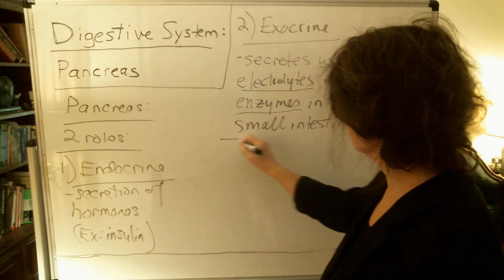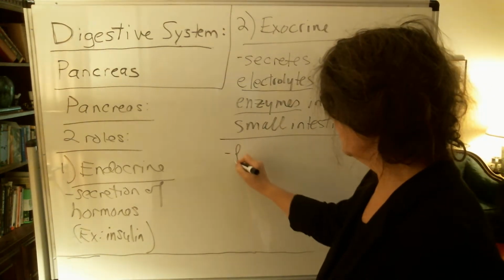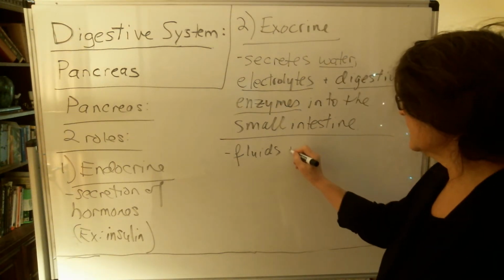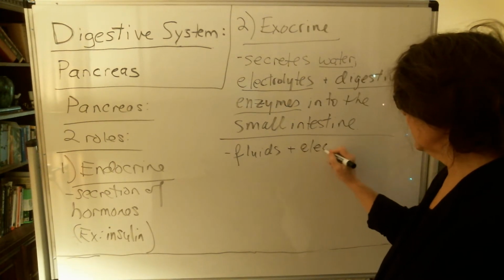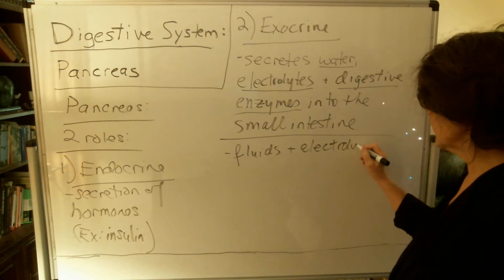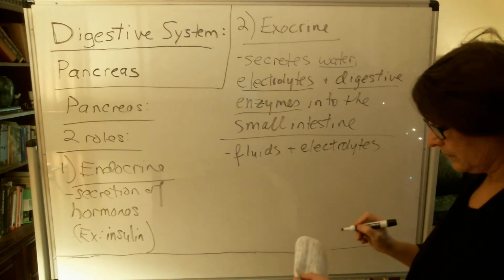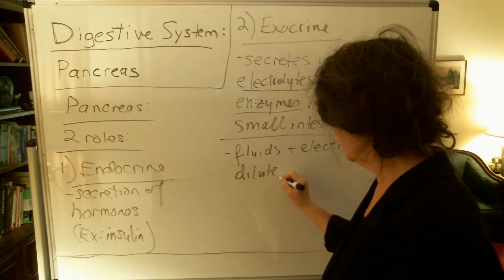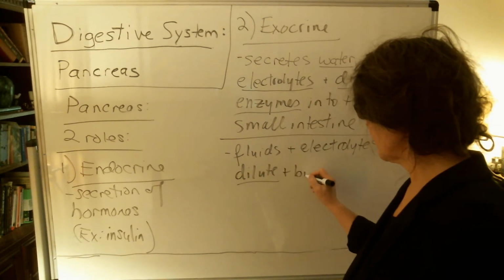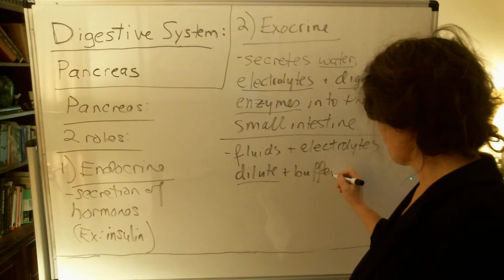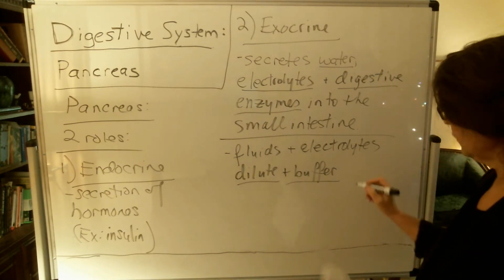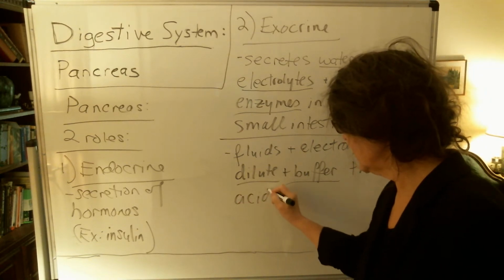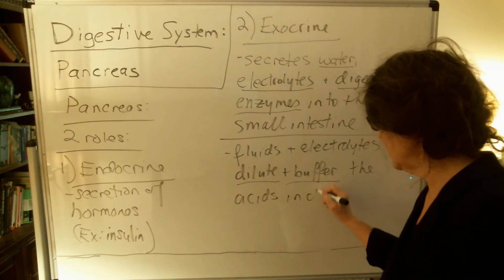So what happens then is that the fluids and the electrolytes then dilute and buffer the acids in chyme.